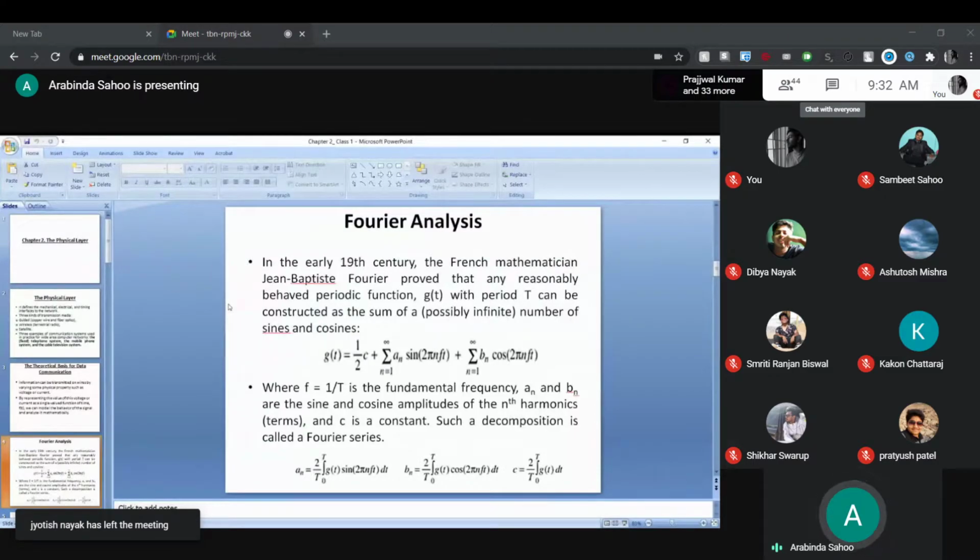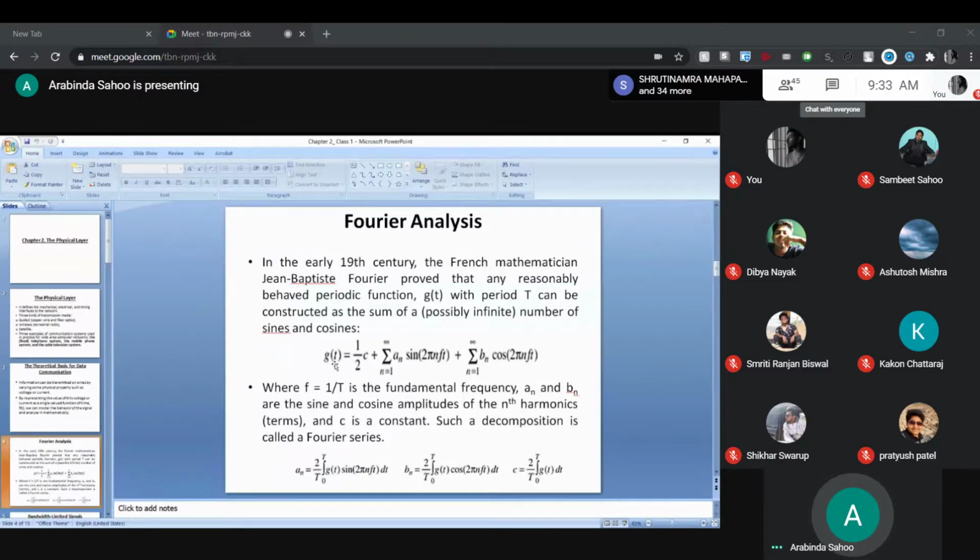Now write down the mathematical expression for the Fourier series. If g(t) is any periodic signal or periodic function with period T, it can be represented by this mathematical expression, which is generally known as the Fourier series.